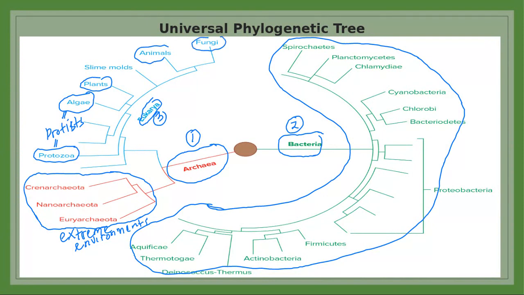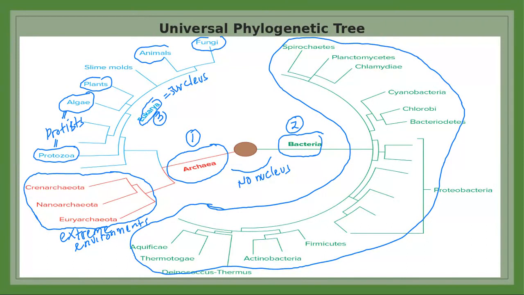Slime mold is also in between fungi, animals, and plants. So they all have a real nucleus. So this one has a nucleus. These two have no nucleus. Okay, so this is just a summary of this classification.